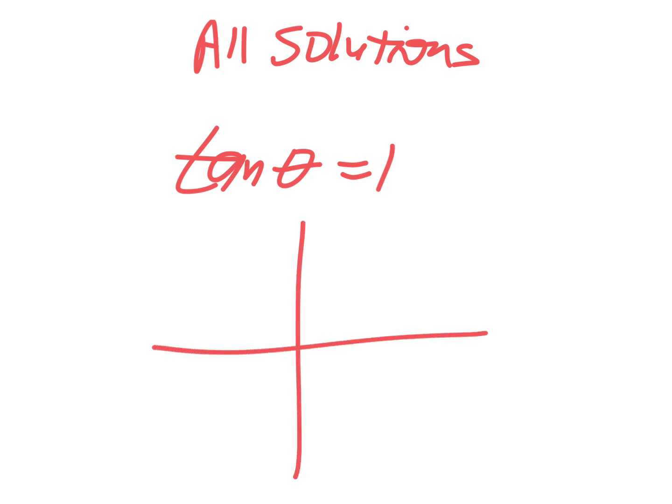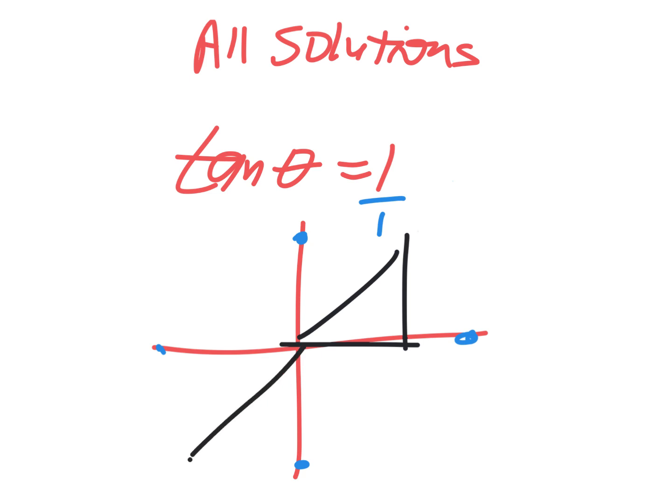It is not, because you can have opposite and adjacent be both 1. Another way to think of it is you'd never find one of these quadrantals where the y and the x, that's what tangent is, are 1 and 1. So it is not a quadrantal. It's some other spot. Tangent is positive, so it could be here, and it could be here. Not here, not there.